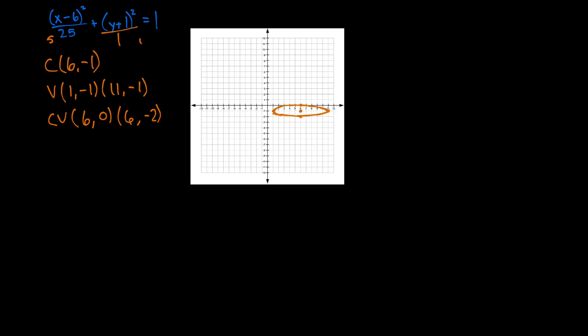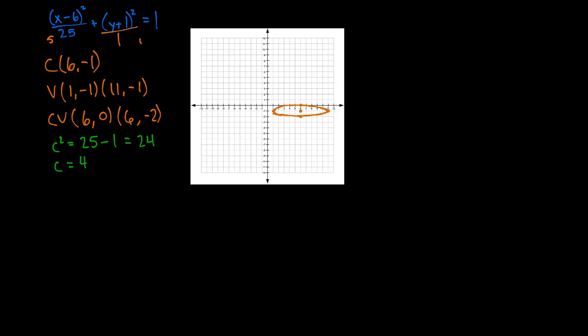So the last part is the foci. So we do c squared equals a squared minus b squared, so the larger minus the smaller. So the larger radius squared is 25, minus the smaller of those is 1. So c squared equals 24. C equals the square root of 24, which is going to be just less than 5.